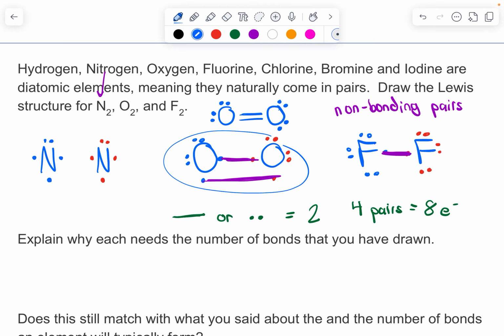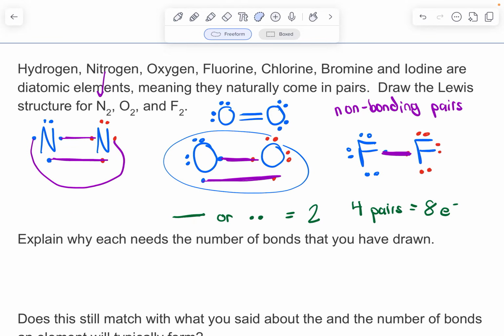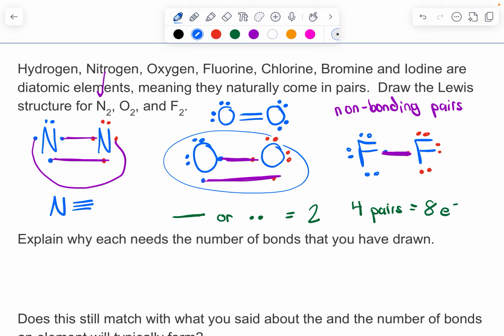Okay? All right, now moving on to nitrogen, you can kind of see where we're going with this. In order to satisfy the octet, we're going to form 1, 2, 3 bonds. Okay, so let me redraw that structure and then I'll show you how the octet is satisfied. So the nitrogen's going to have a triple bond and then one non-bonding pair on each atom.